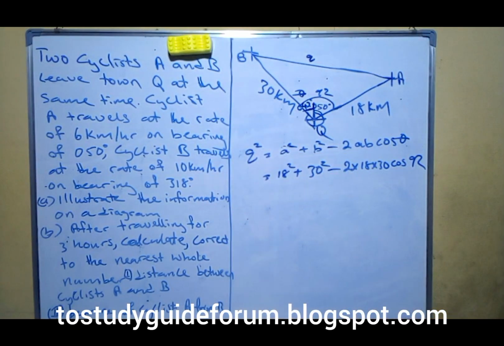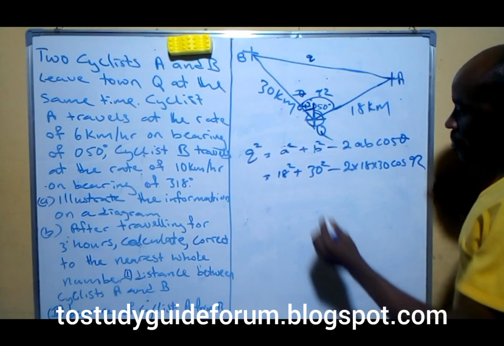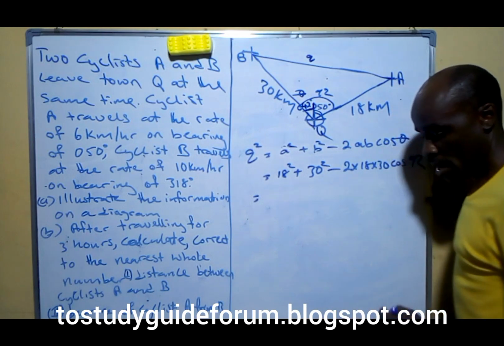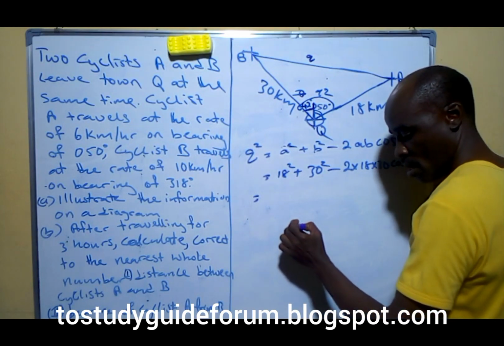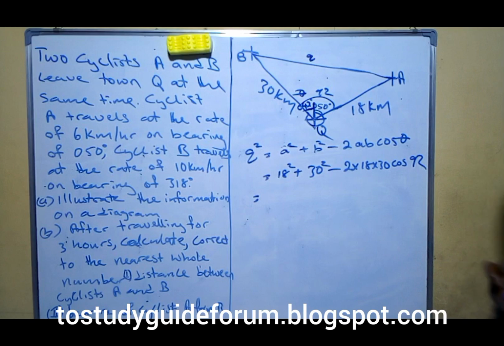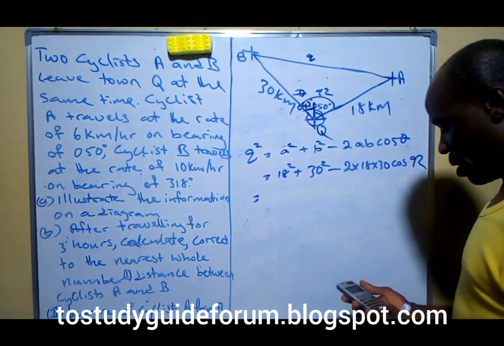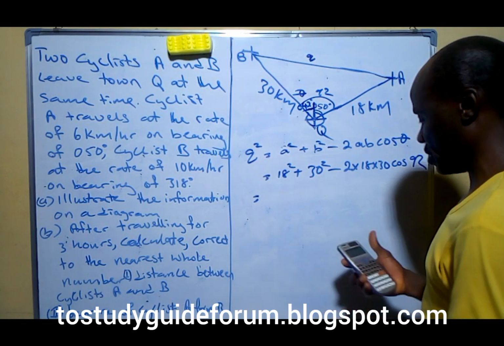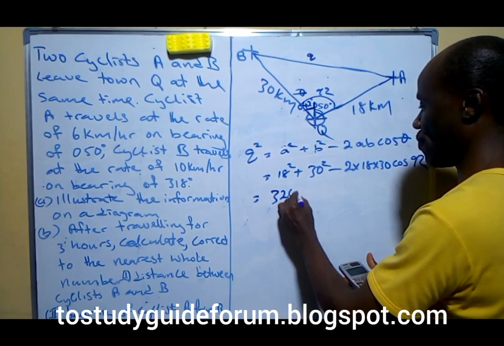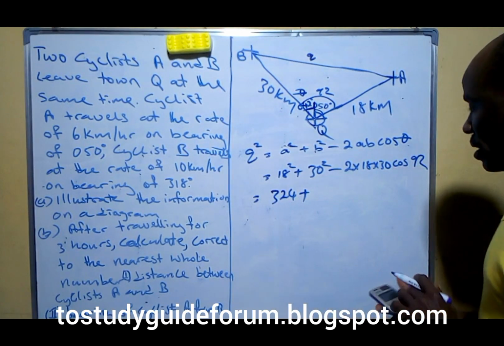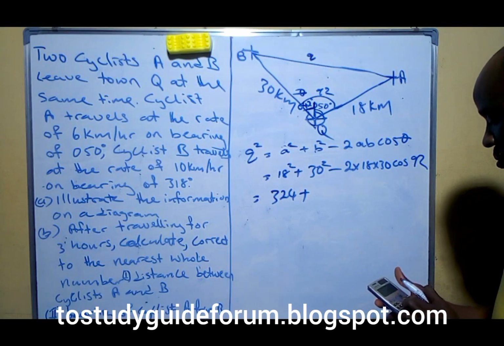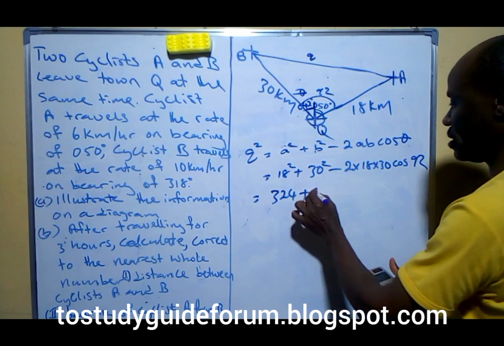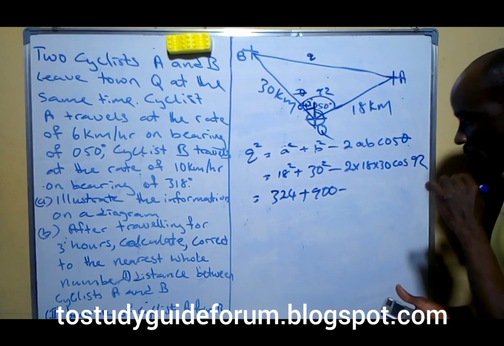The next thing we are going to do is to square. 18 squared, using your calculator, will give us 324. And then 30 squared will give us 900.